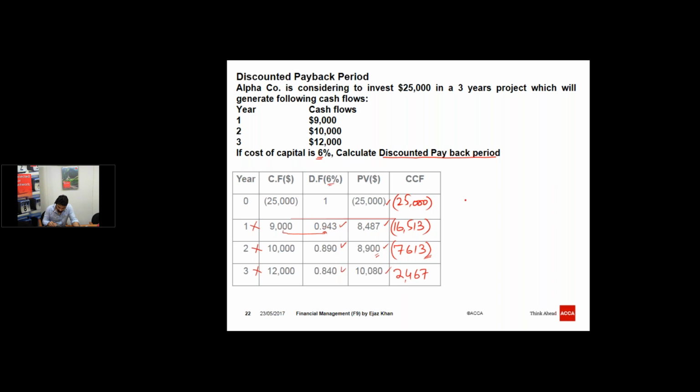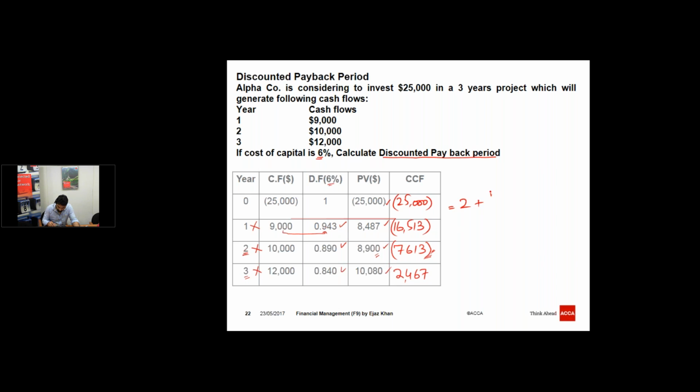Now, how will we calculate the payback? We'll calculate it the same way. If you see that it took 2 complete years, plus we are still to cover $7,613 by the end of year 2. So definitely these $7,613 are covered somewhere in between year 3.